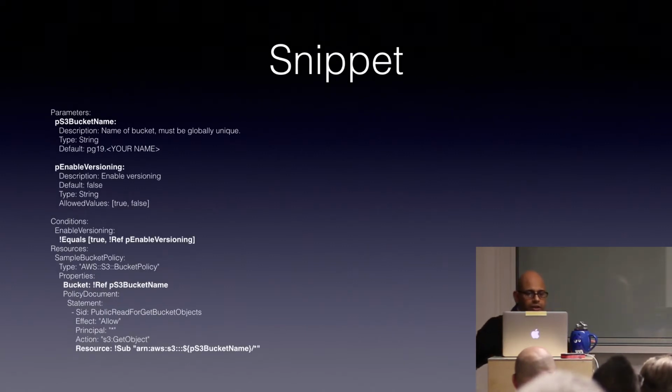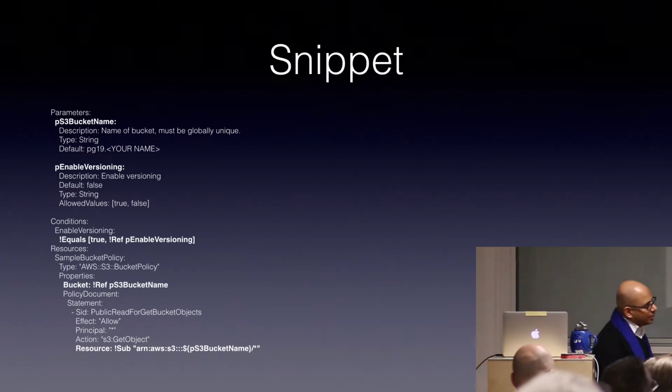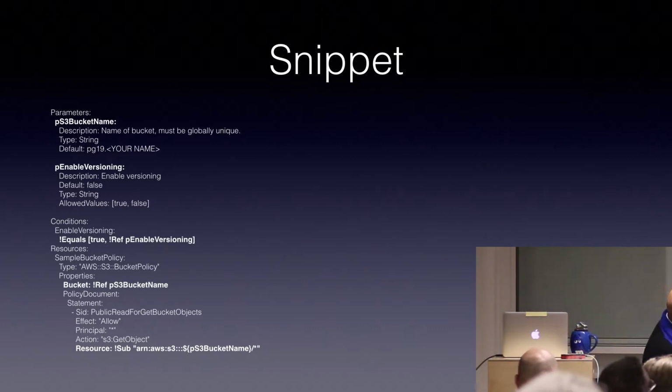So I have a quick snippet here. I don't know if everyone at the back can see this, but as I mentioned earlier, there are intrinsic functions like Ref. What it's doing here is taking the parameter S3 bucket name, which I've declared here with a default string, and referencing it here.